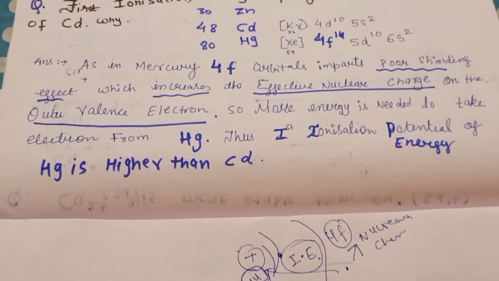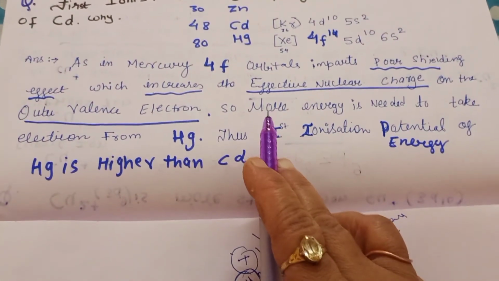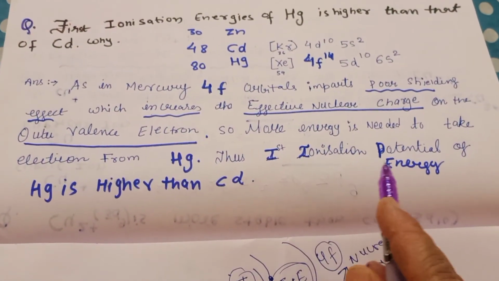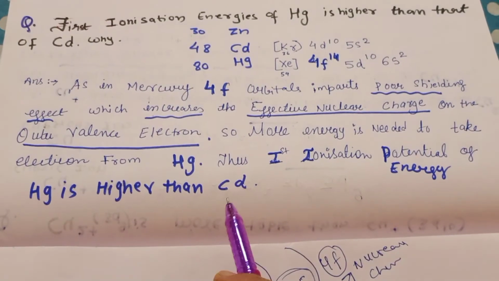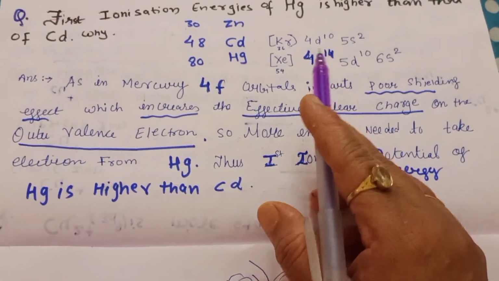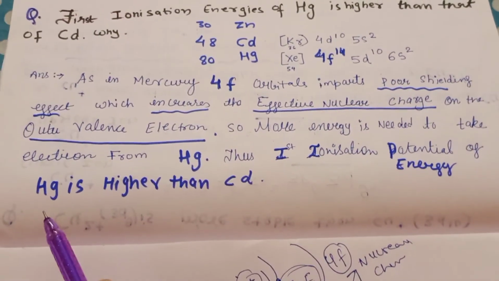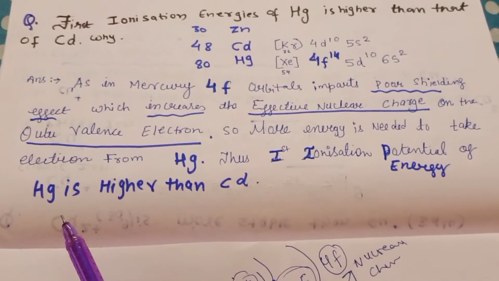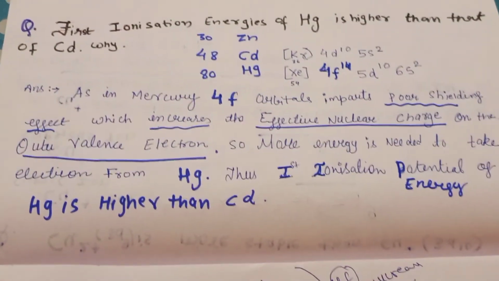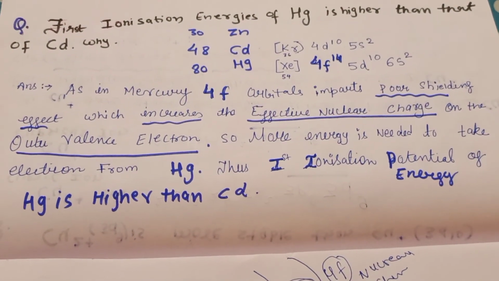So more energy is required to take an electron from mercury. That's why the first ionization energy of mercury is higher in comparison to cadmium, as there are no f orbitals in cadmium. So these are some questions, just write them and prepare for your exams.